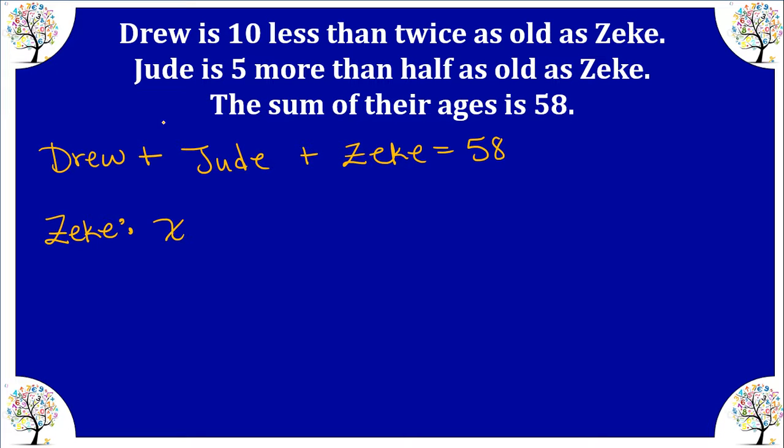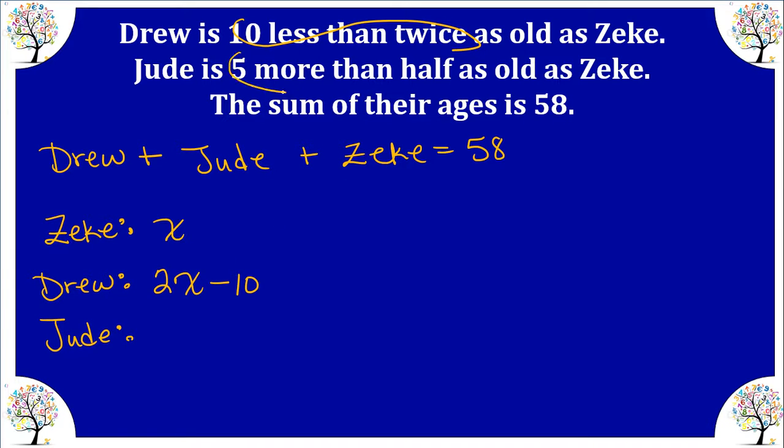Now we're going to take this X to represent Drew and Jude. So let's go to Drew. Drew is 10 years less than twice as old as Zeke. So we're going to say 2 times X, twice Zeke, minus 10. Less than is a flip-flop. Now let's take a look at Jude.